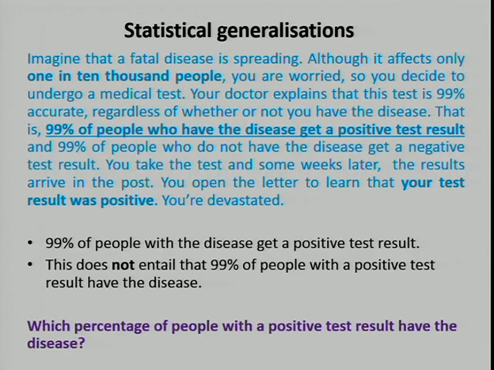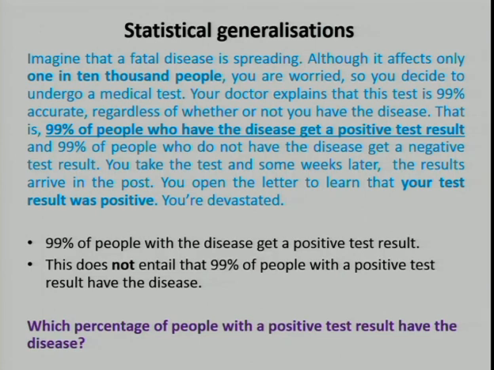But we've also seen, because we've thought about our standard argument forms, that the reverse is not true. This does not mean that 99% of people who have a positive result have the disease. It just means that if you have the disease, you're very likely to get a positive result, not vice versa. So that's just everything that we've been doing so far with a bit of percentage added onto it, right?